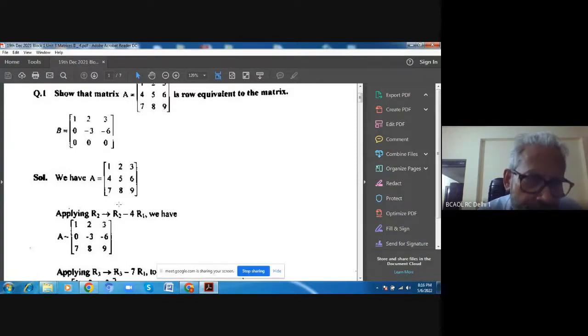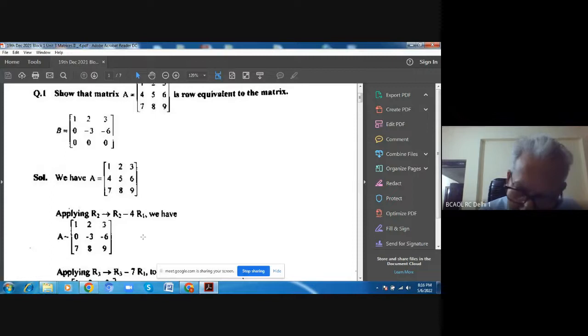Again I am telling you, to change R2, I mean the row, the ultimate aim is to make the 1 0, because our idea is to make a triangle. So first you target this one, then you target 7 to be 0, then you target 8 to be 0.